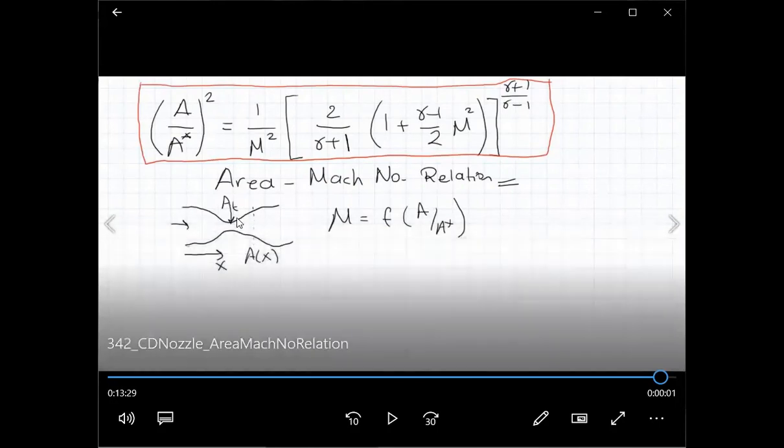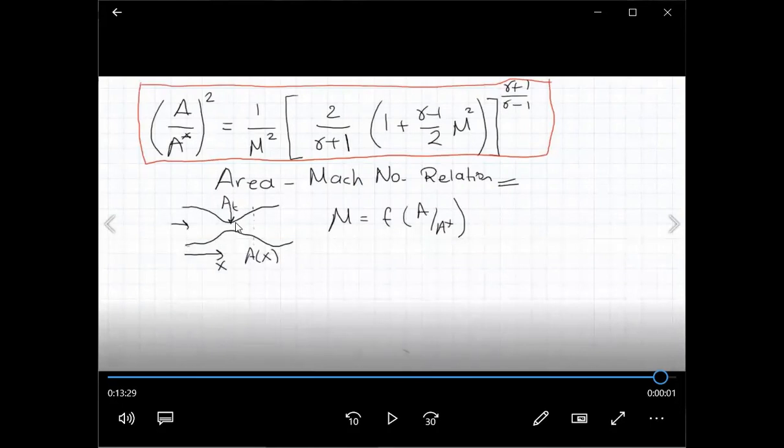Let me give you one quick example regarding an application for this point, and then we will take a break. The application is, I don't know if you ever noticed, but for fighter aircraft, the nozzles of fighter aircraft can actually change shapes. They can actually control the exit area. Sometimes they reduce it, sometimes they increase it.